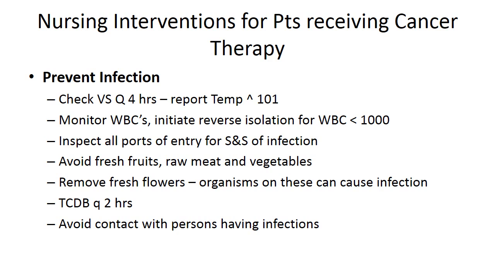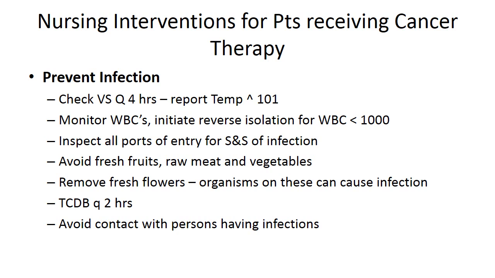An elevated temperature we need to report to physicians, especially if it's greater than 101 degrees. Monitoring white blood cells, and initiating reverse isolation for a white blood cell count less than 1,000 is usually done. Those neutropenic precautions are what we need to watch, and reverse isolation is sometimes done for these patients to help prevent any more infection from being introduced to their rooms.